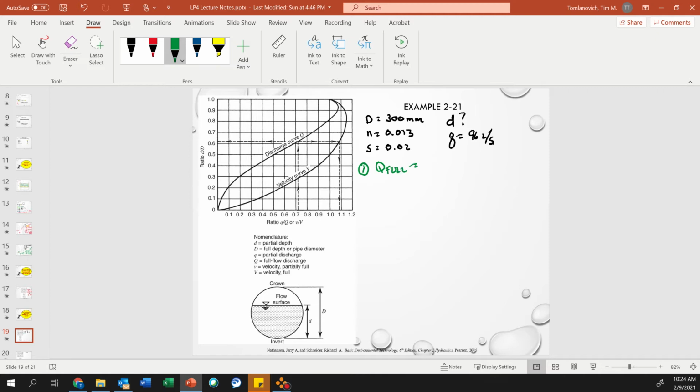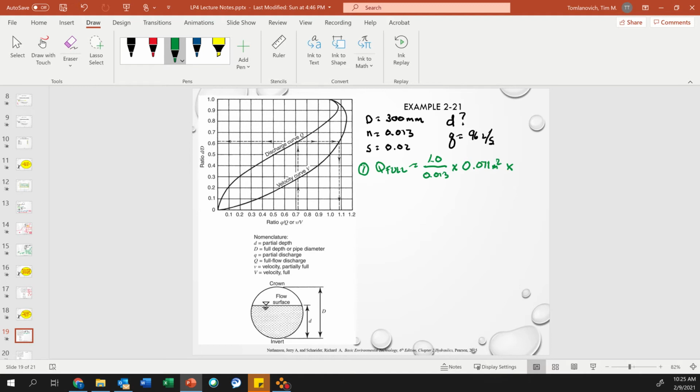So we're in the metric world, so 1.0 divided by 0.013 times my cross-sectional area of flow. So remember, the pipe is full, so pi d squared over 4. Remember, we have to be in meters when we're using the equation. So 0.3 squared times pi divided by 4. I get 0.071 meters squared times hydraulic radius is d over 4.